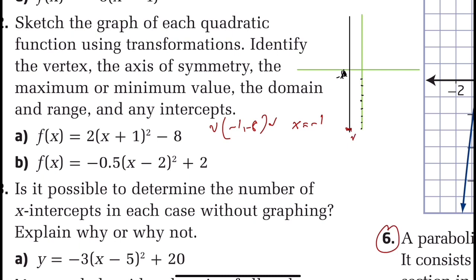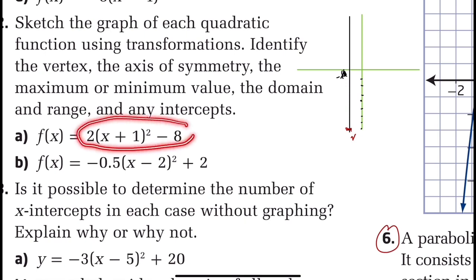For the x-intercept and y-intercept, we just need to solve this equation. For the x-intercept, we set it equal to 0: 2 times (x plus 1) squared minus 8 is equal to 0.